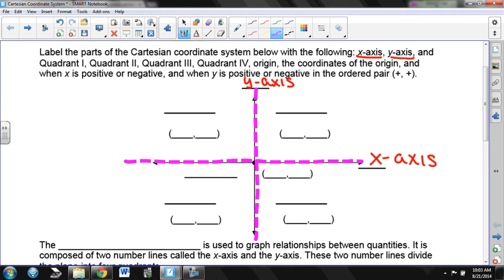The way these are labeled can be a little bit confusing until you get used to it. They start off with the graph up here in quadrant 1, the top right portion.